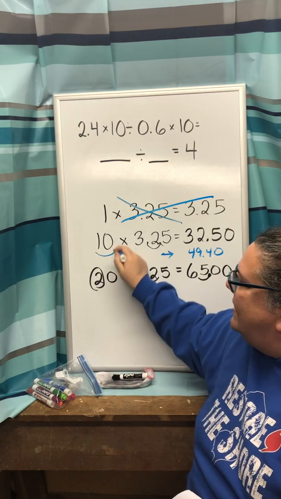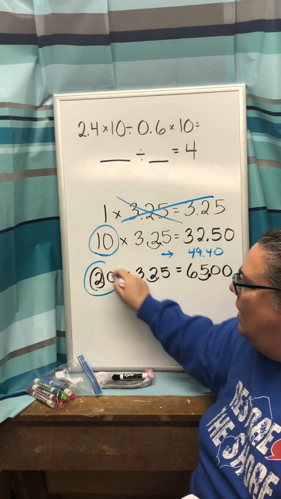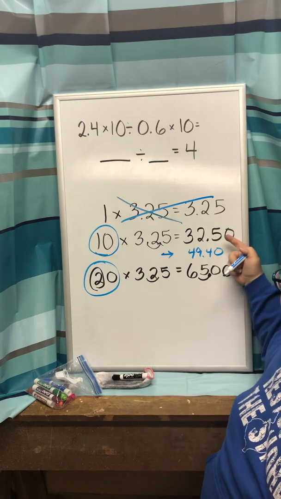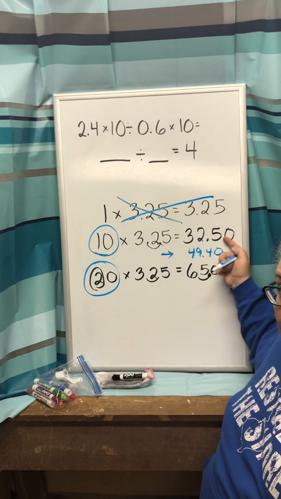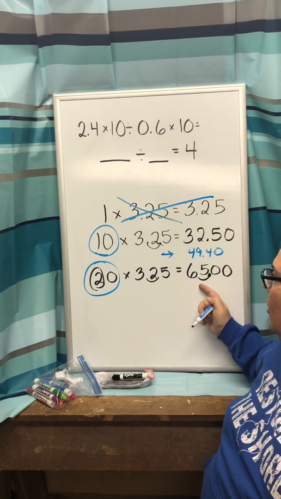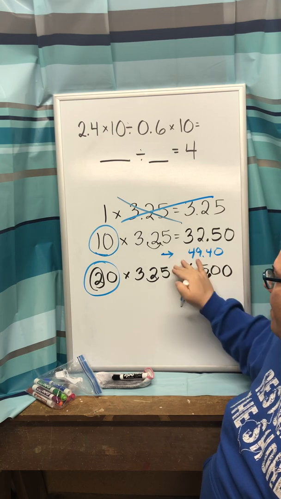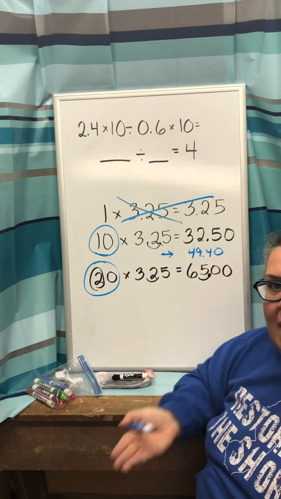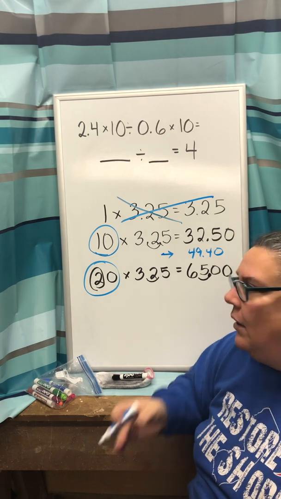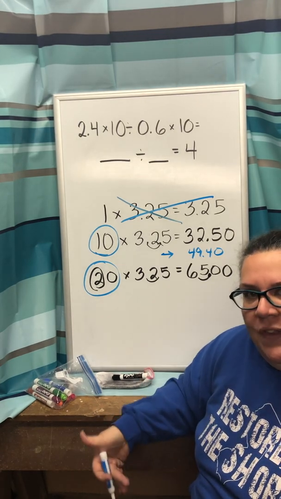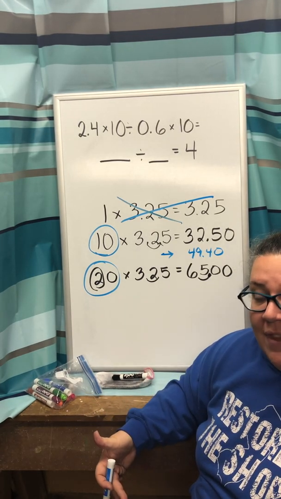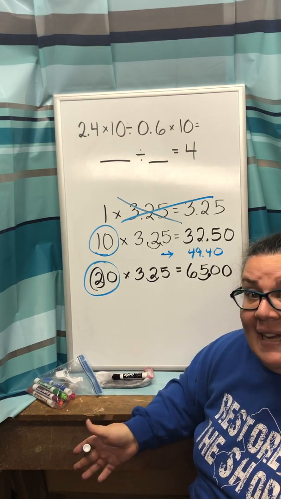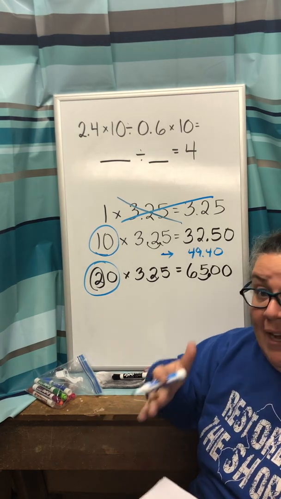I know he needed to have bought between 10 and 20 gallons because 10 is too small, 32. 20 was too high, 65. But that 49.40 sits right in the middle. So he bought somewhere between 10 and 20. More than 10, less than 20. Again, they're not looking for an exact answer for that. They just wanted that range.